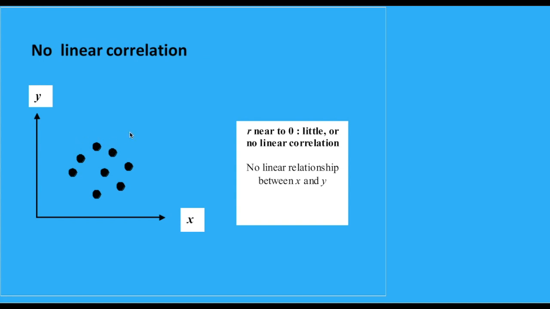If the plot looks something like this, in which we can't detect the relationship between x and y, then the correlation coefficient tends to be very close to 0, and we interpret that as little or no linear correlation, which means no linear relationship exists between x and y.